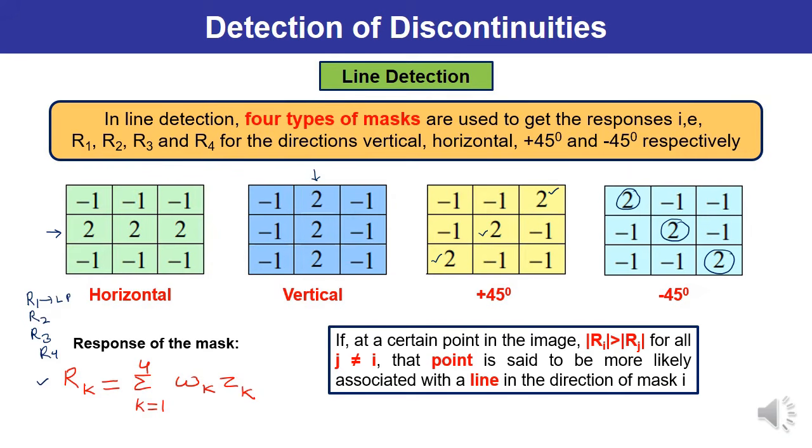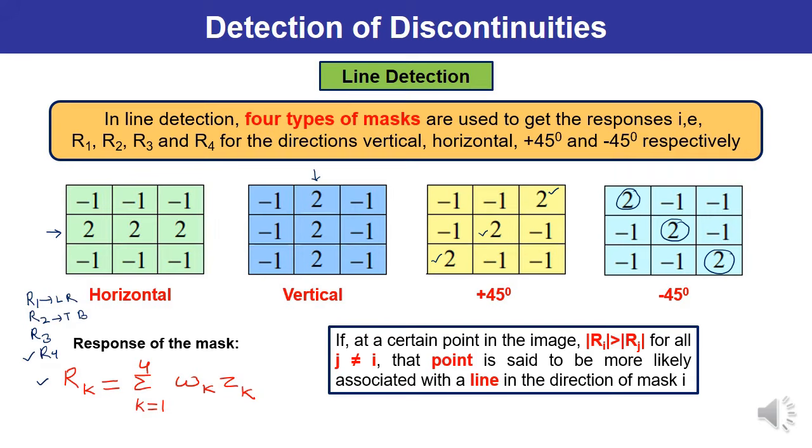And R2 is the response for moving the mask from top to bottom. Similarly, R3 is the response of mask along plus 45 degree line, and R4 is the response of the mask with respect to the line which is being drawn at minus 45 degree.